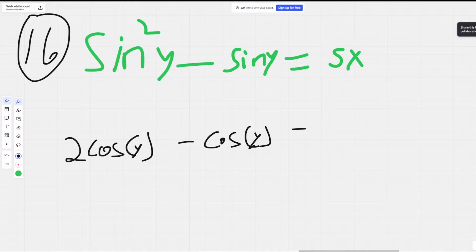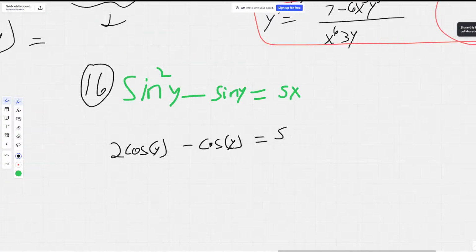Wait a second. Wow. Hang on a second. How do I get y prime out of this? How do I squeeze y prime out of this equation?